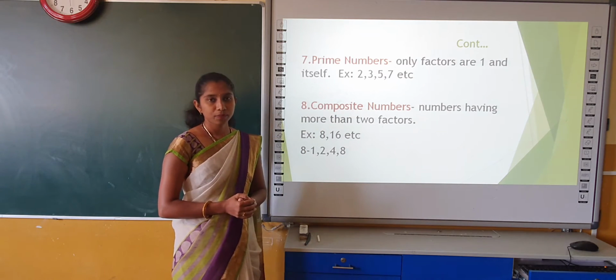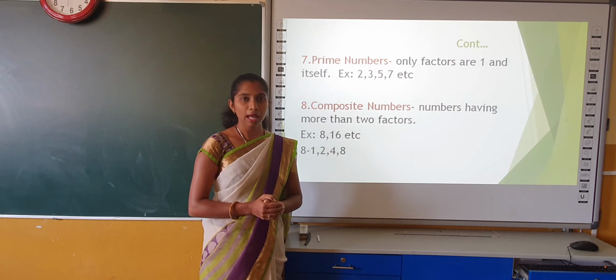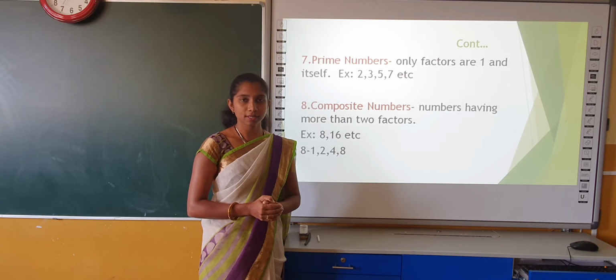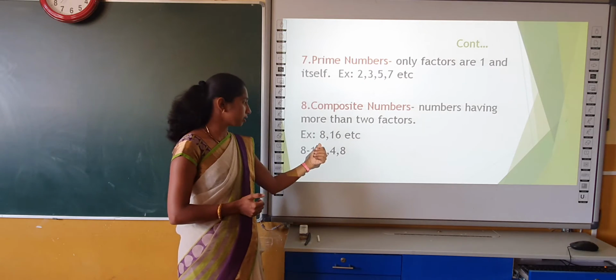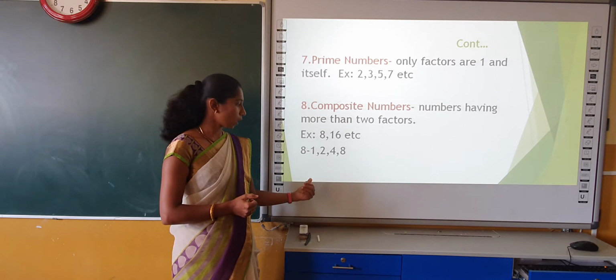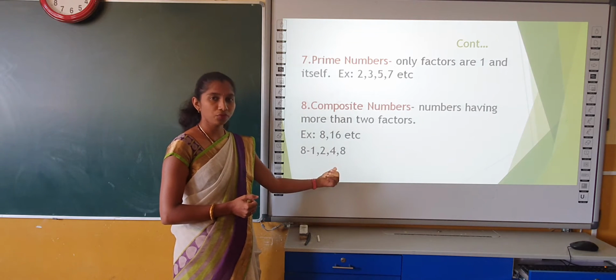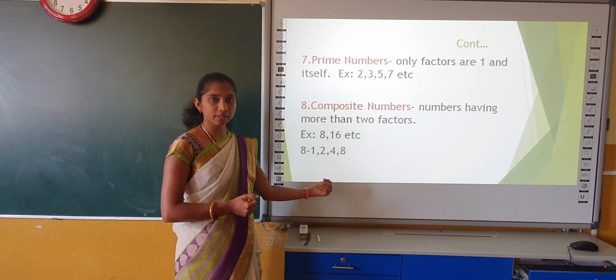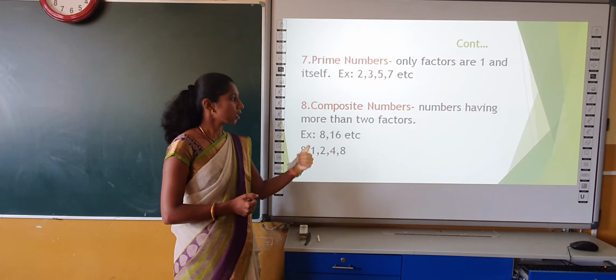Composite numbers have more than 2 factors. For example, I will consider 8. 8 has the factors 1, 2, 4, 8. More than 2 factors are present in 8.